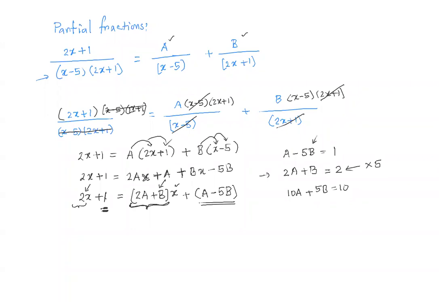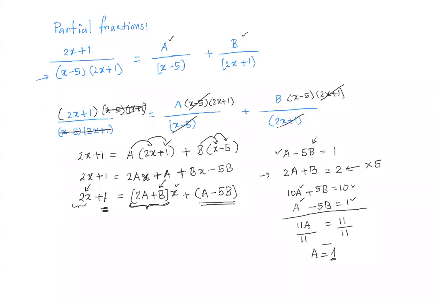So now you have 10a + 5b = 10, and the top equation has a - 5b = 1. Do you see? So 10a plus a is 11a, equal to 10 plus 1, which is 11. Now you divide both sides by 11. That gives you a = 1.